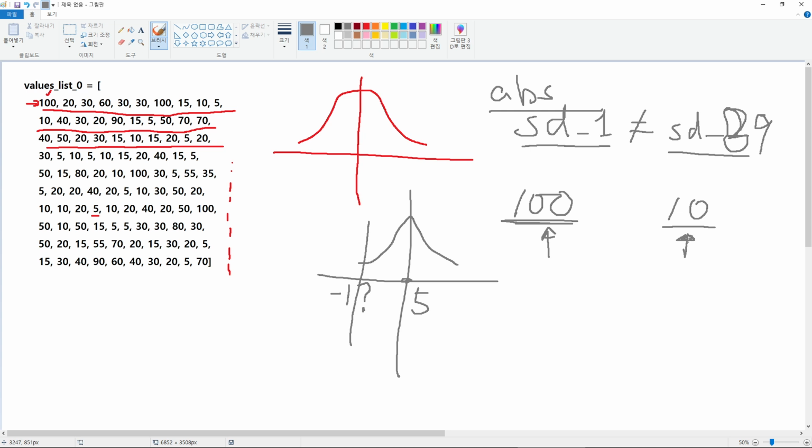So if the standard deviation in this case is 2%, then it's 2. And then in this case it's 0.2.